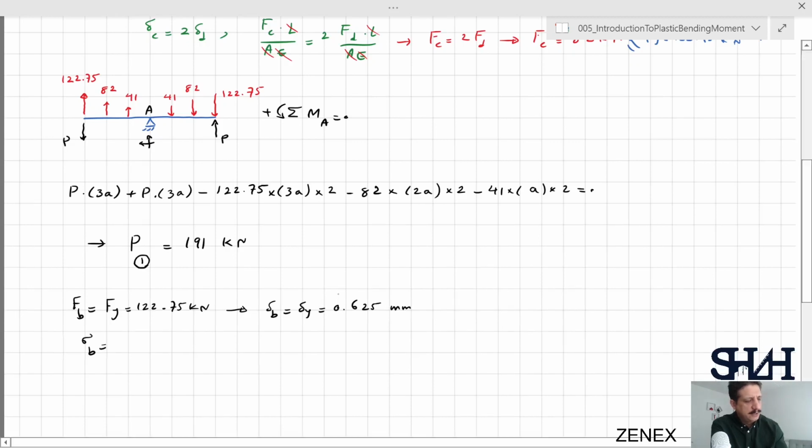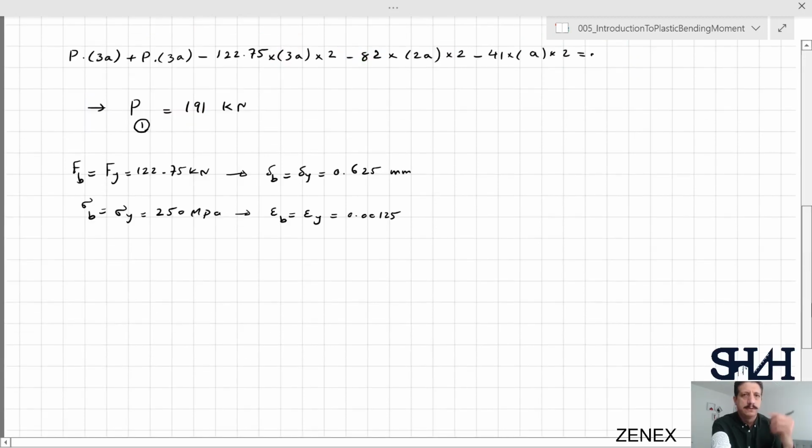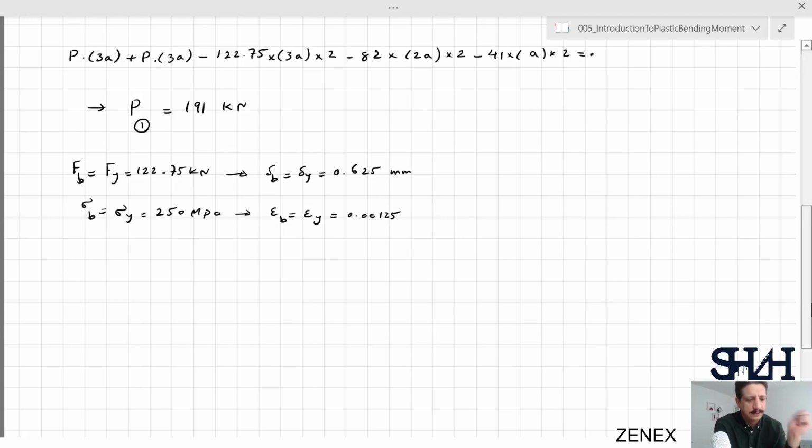Sigma at B is also sigma Y, which is 250 megapascal. And epsilon at B will be epsilon Y, and it's 0.00125. So for element B, we are exactly at the point that after that it cannot take any load.